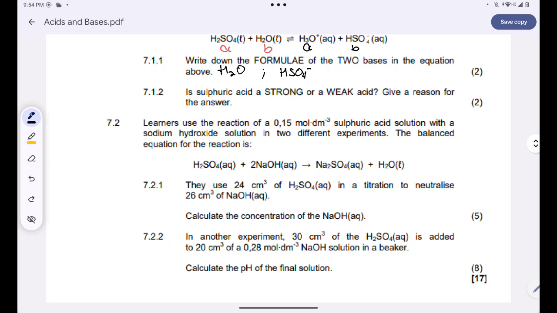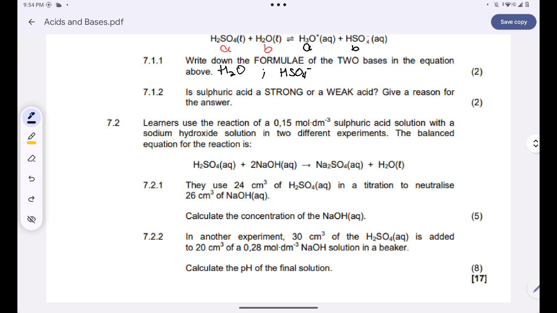Learners use the reaction of 0.15 moles per cubic decimeter of sulfuric acid with a sodium hydroxide solution in two different experiments. The balanced equation for this reaction is as follows.